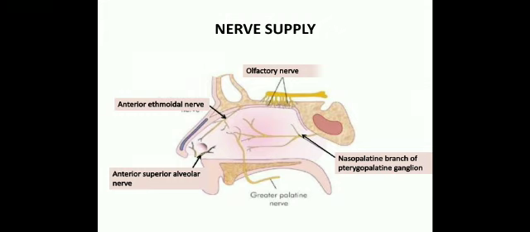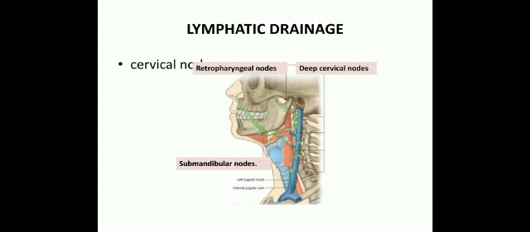The sensory nerve is the olfactory nerve, which is present over the cribriform plate of the ethmoid and on the roof. The lymphatic drainage: anteriorly it drains into the submandibular lymph nodes and posteriorly into the retropharyngeal nodes and deep cervical nodes.